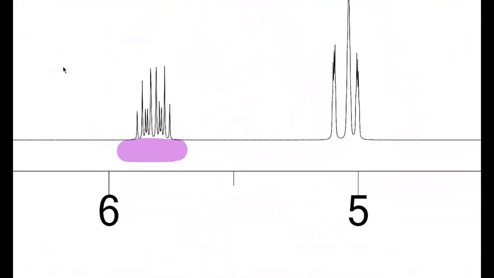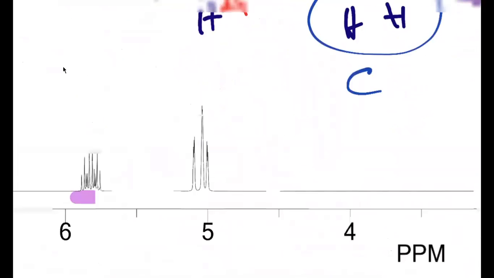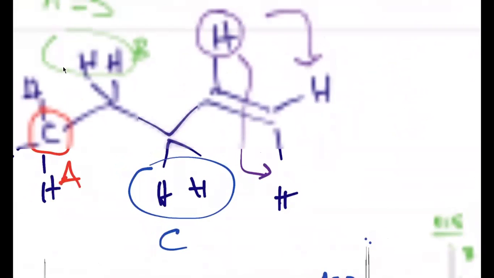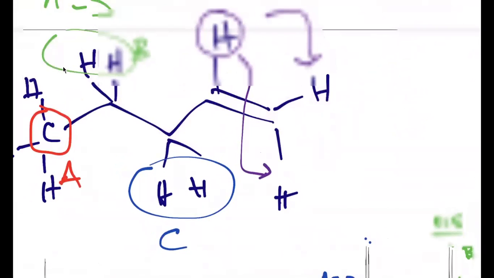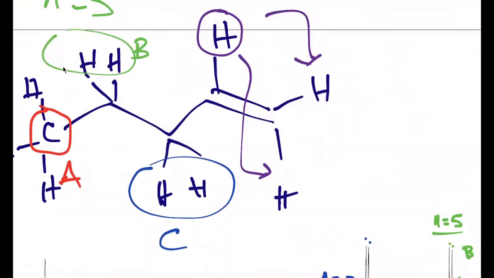And you're going to get that for this proton, the one I have circled in purple. And then the other proton that's laid on top of it is probably going to be this one. But that one will be different, right? That's just going to be a doublet of doublets, right?